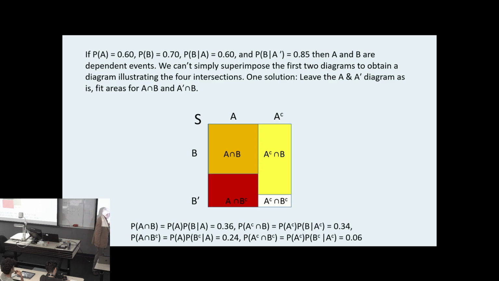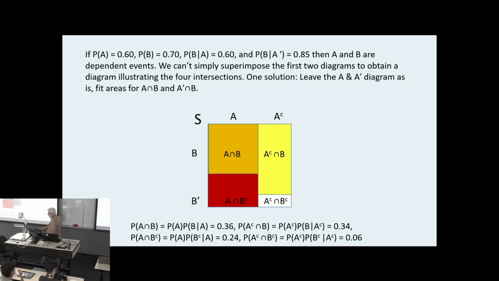So the probability of A intersect B, I take the probability of A times the probability of B given A. The probability of A is 0.6 times the probability of B given A is 0.6, so 0.6 times 0.6 is 0.36.